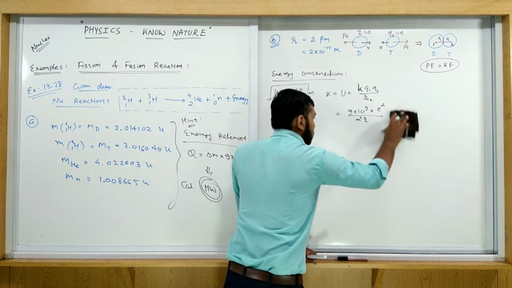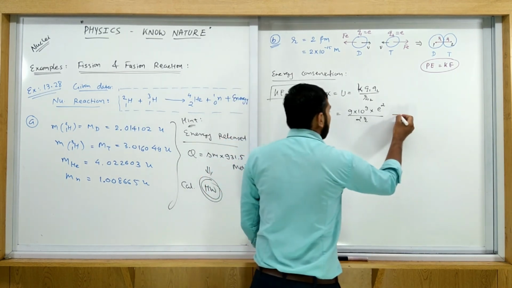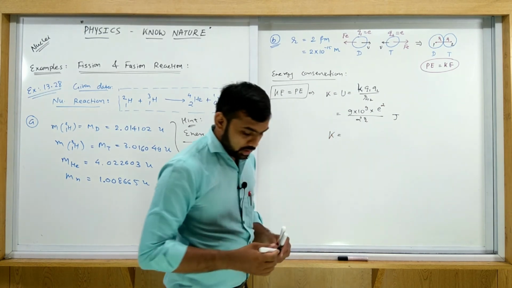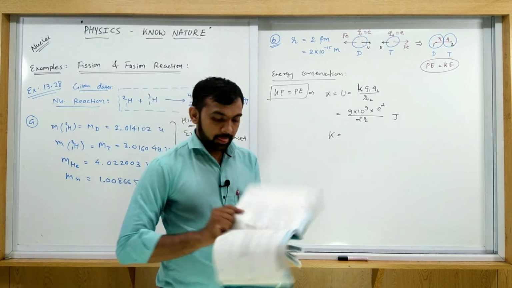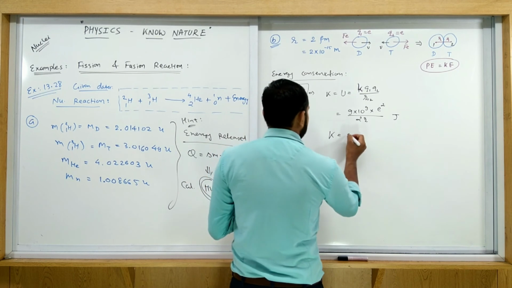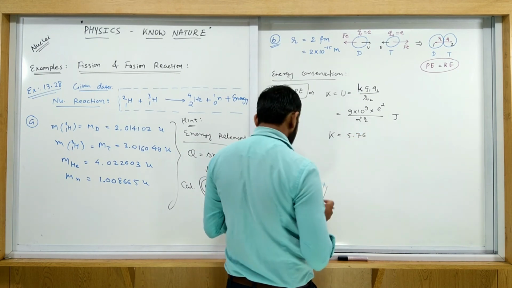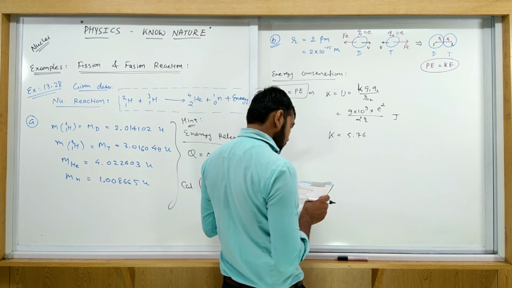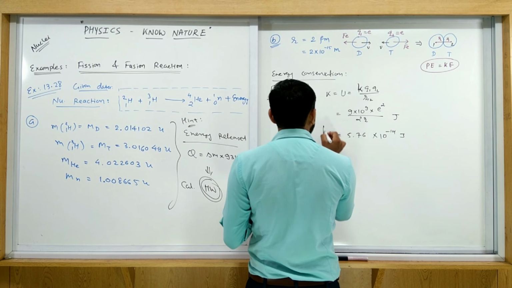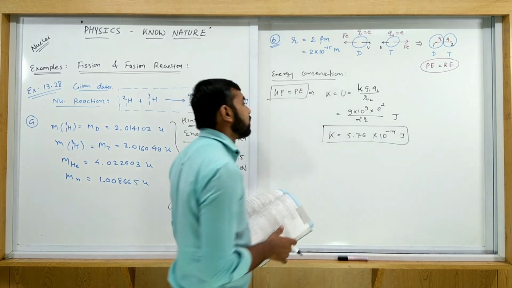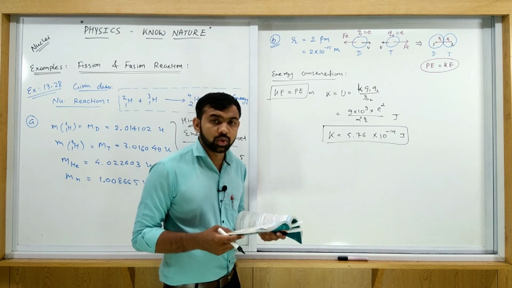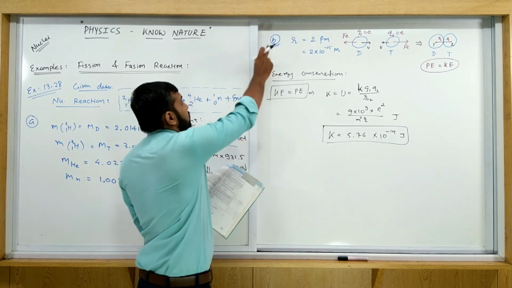After putting in all these values, kinetic energy is equal to 5.76 into 10 raised to minus 14 joule. So that is the first case of the second problem.